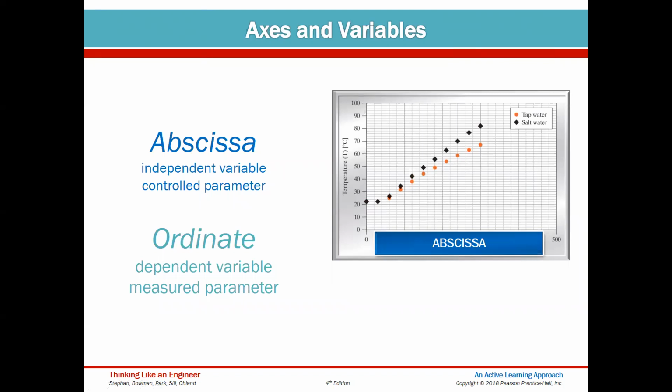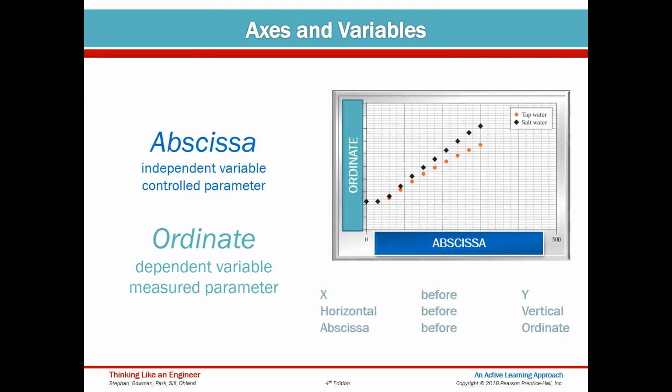And then as I measure at those increments, I'm getting what is on my ordinate, which is my y-axis or dependent variable and measured parameter. And so remember that x comes before y, so our horizontal comes before our vertical axis, or our abscissa comes before our ordinate.